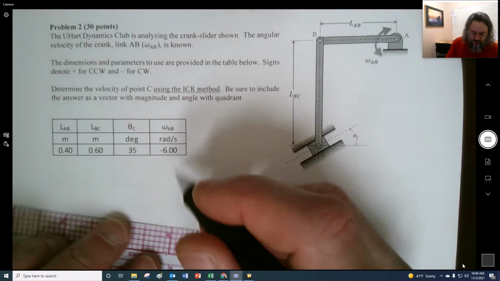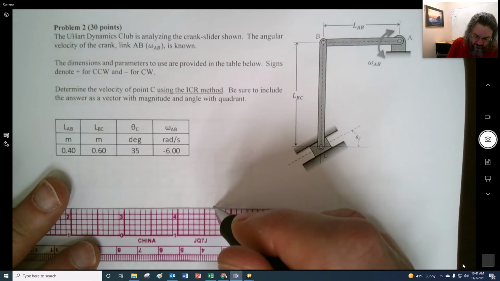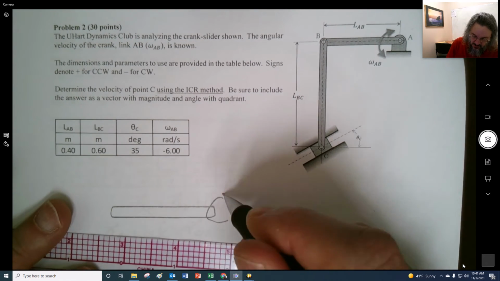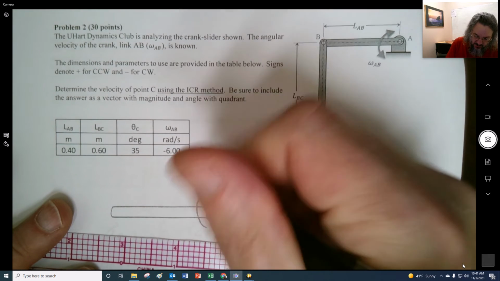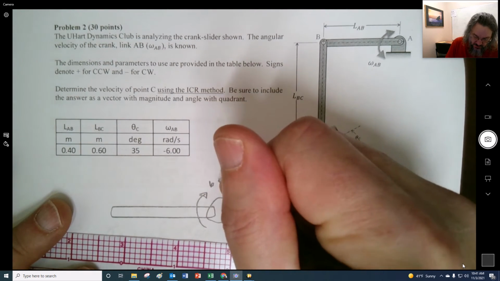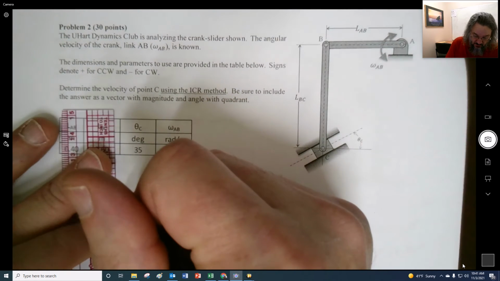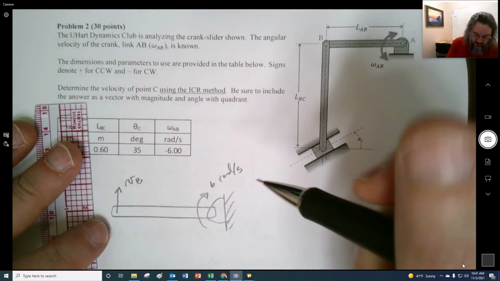Okay, so I'm going to redraw. Well, first off, what I want to do is find out the velocity of B. So I'm going to draw part AB by itself, and I said that this was 6 radians per second, right? Therefore, it must be traveling upwards with the velocity of B right there.